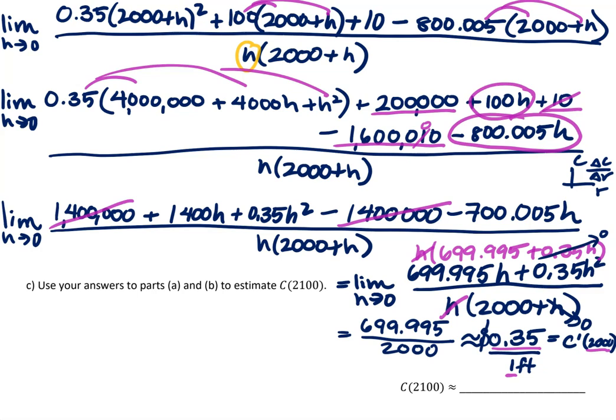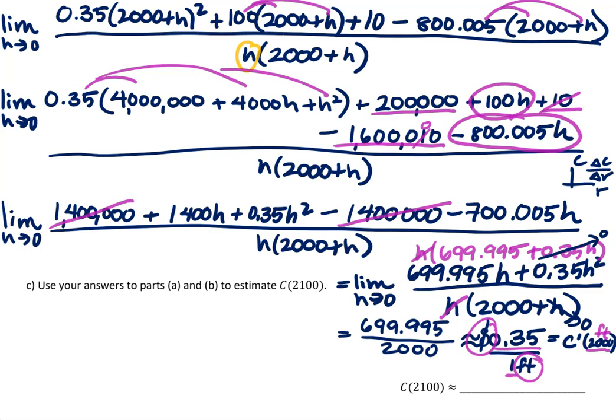Even though I had to write that in for myself, you need to know that slope is a ratio. So if it doesn't have a fraction already, you have to put an over 1. You also need to include the units on all of those values. So the fact that the 2,000 is feet, that the 35 cents is dollars, and that the 1 is feet. All of those things are important.